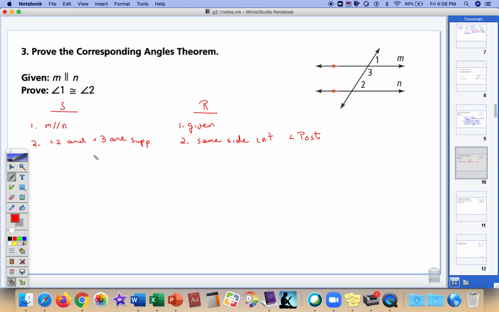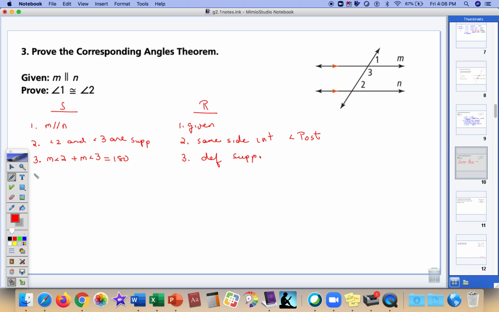Okay, and now if angle 2 and angle 3 are supplementary, I can say that the measure of angle 2 plus the measure of angle 3 is equal to 180 because of the definition of supplementary.